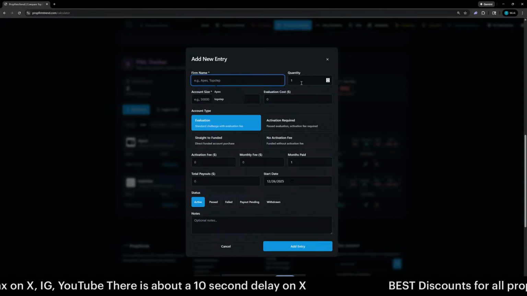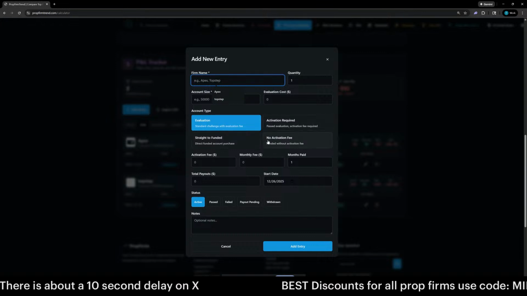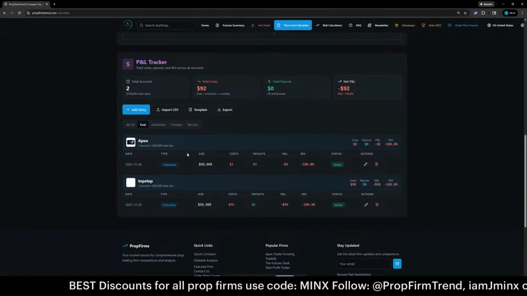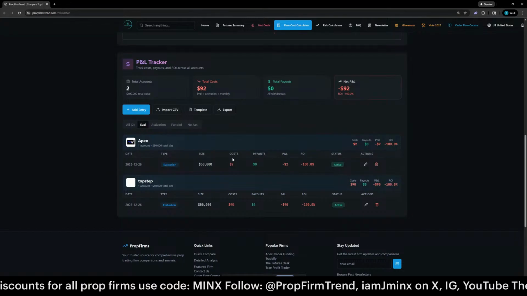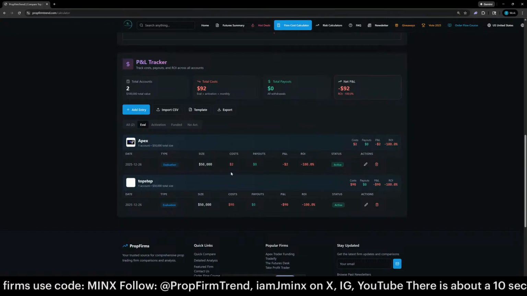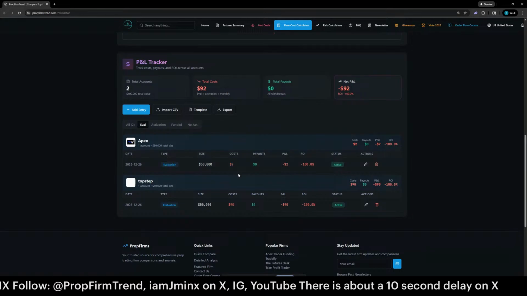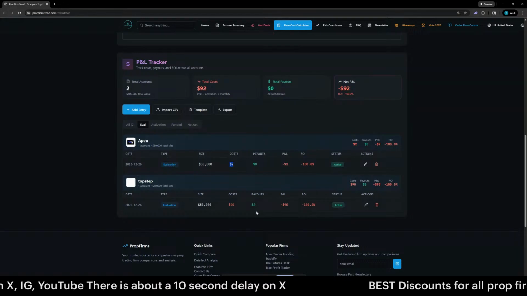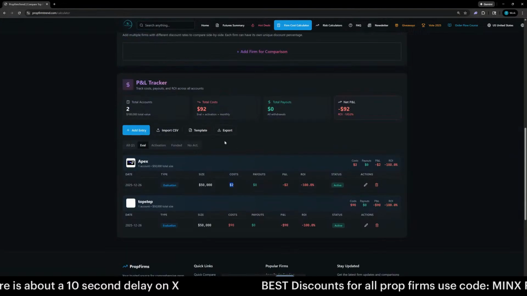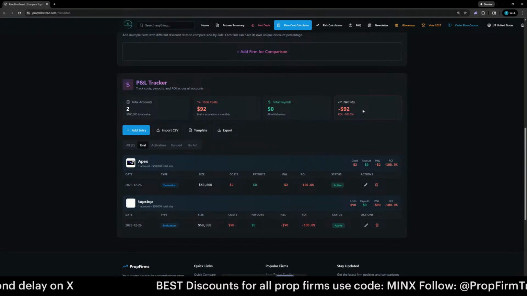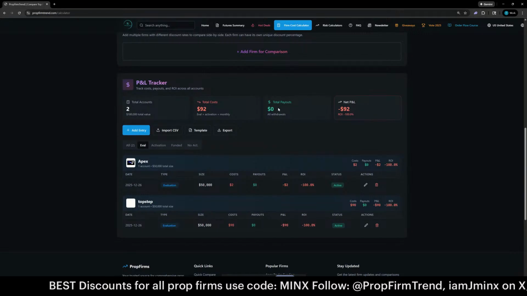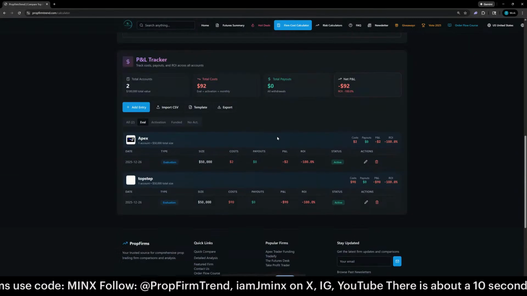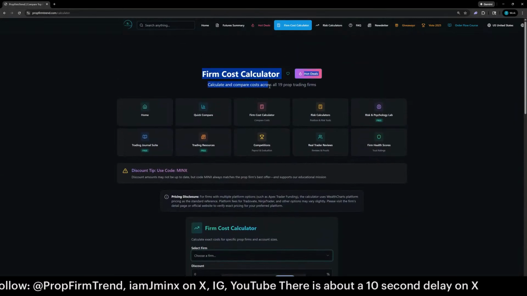Prop firm name, how many accounts, if it's an evaluation, if it's straight to funded, things like that. So you can track your costs. Obviously Apex is not $2, but it's going to help you see the ROI, and you can put your net P&L, and then at the end, how many payouts you get, your withdrawals, things like that. So that's new. It's in the firm cost calculator.